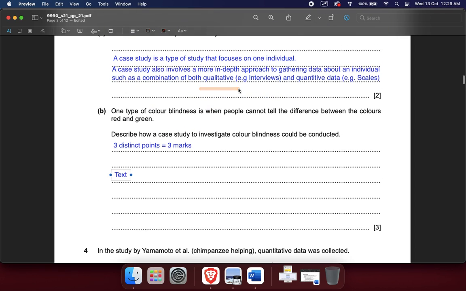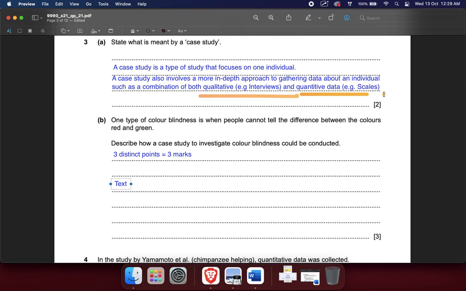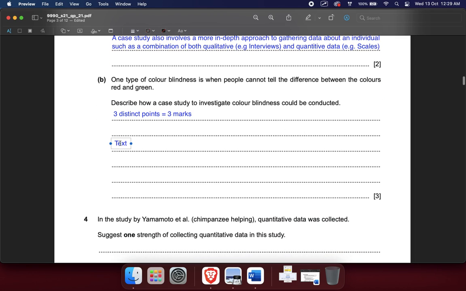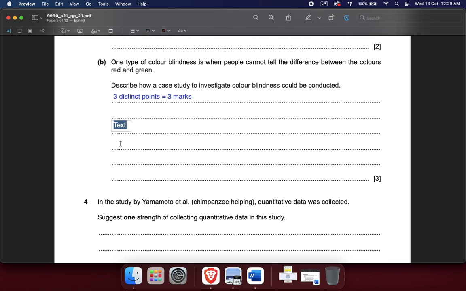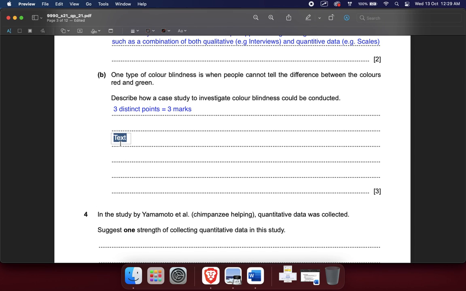And remember, we talked up here, we've got qualitative data and quantitative data, right? So how could we do it? How could we first conduct the study? Okay, firstly, to conduct the study, we probably need to find someone who's colorblind, right?